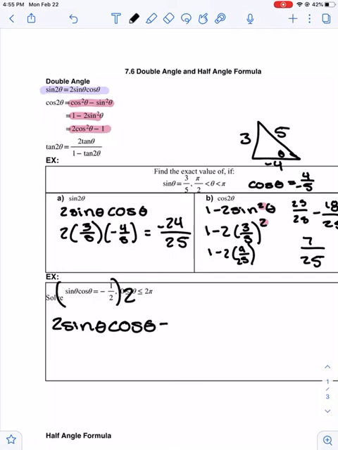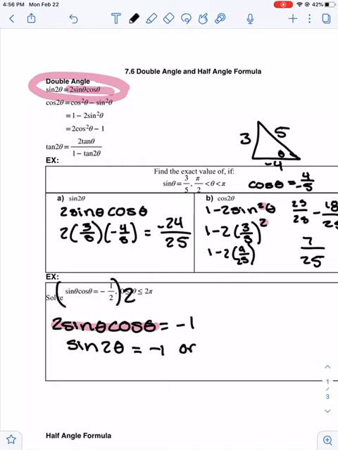So then I would get 2 sine theta cosine theta equals -1. I'm recognizing now that we are looking at 2 sine theta cosine theta, which is our double angle formula for sine 2 theta. So I'm going to replace it. Sine 2 theta equals -1.